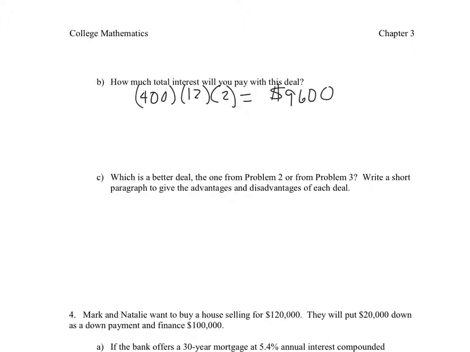And if you remember, that present value on those payments was $9,136.20, which means you're only paying $433.80 in interest. That's not very much in interest.